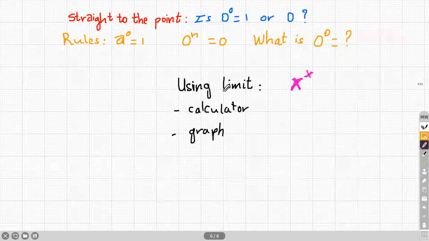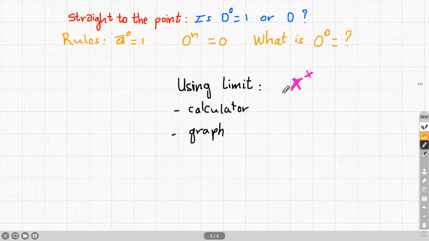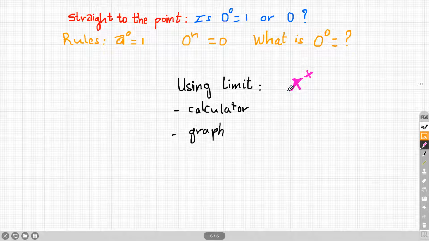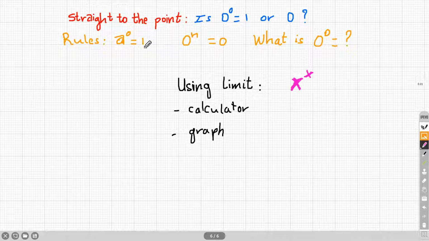The way limits work is that we pick numbers that are getting closer and closer to 0, and figure out if our answers are getting closer and closer to 1 or to 0.